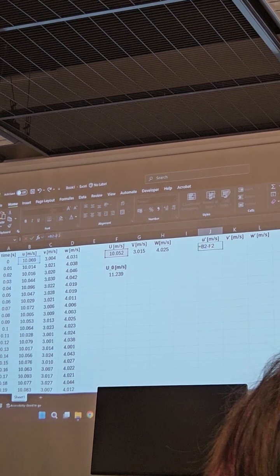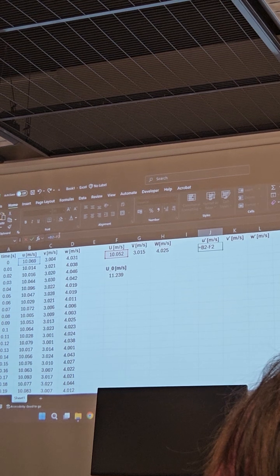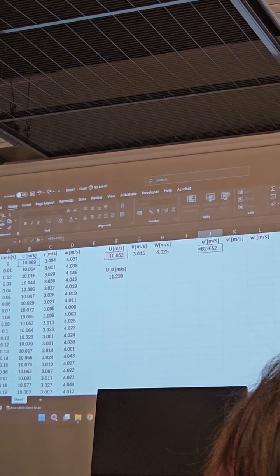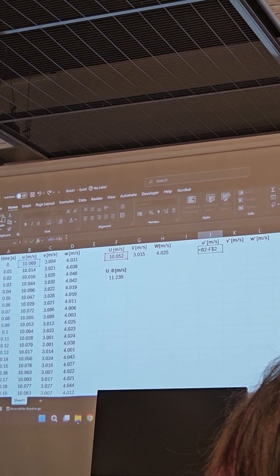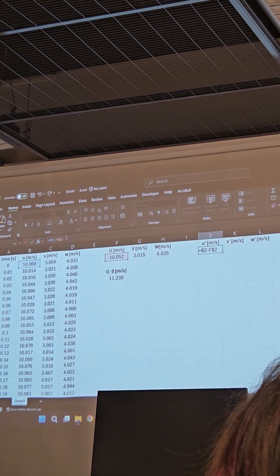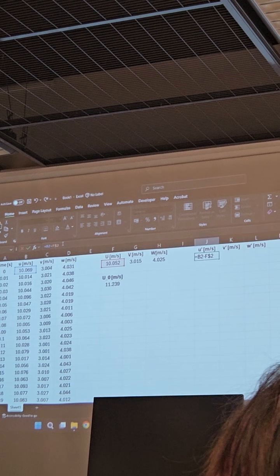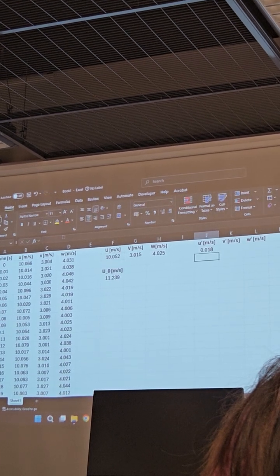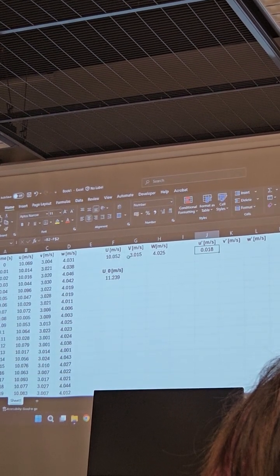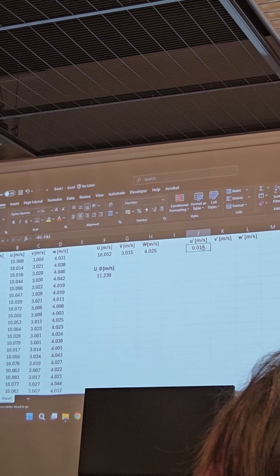In order to pull it, then we need to lock the number 2. So I'll put a dollar before 2. In this way, I can pull it in the vertical direction while keeping the mean velocity constant.